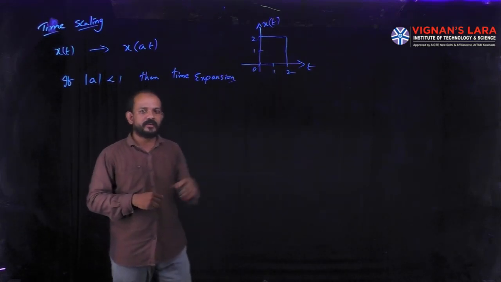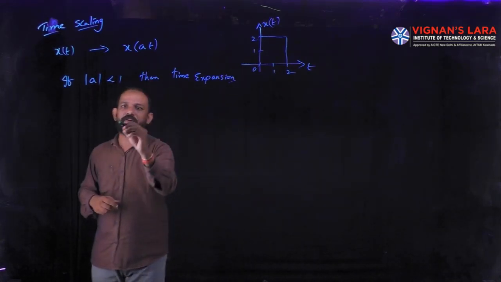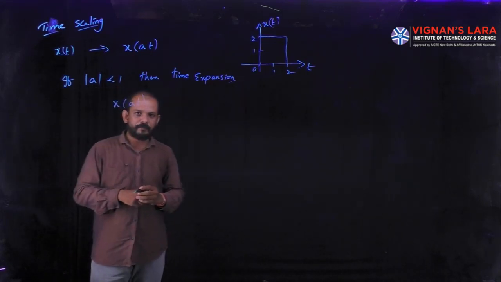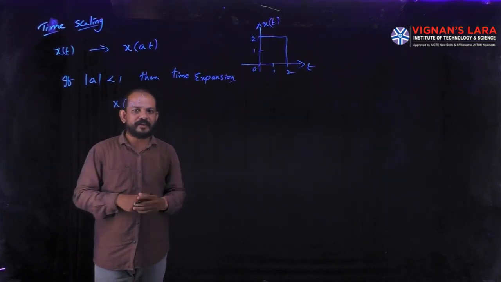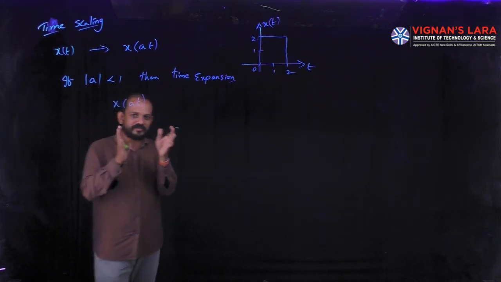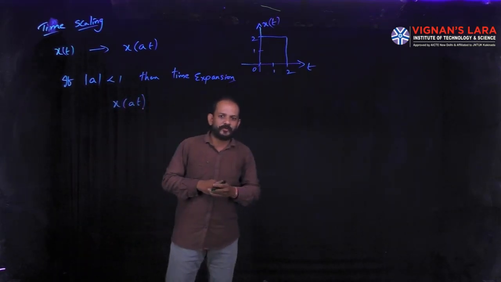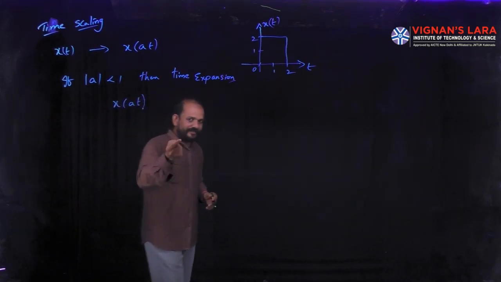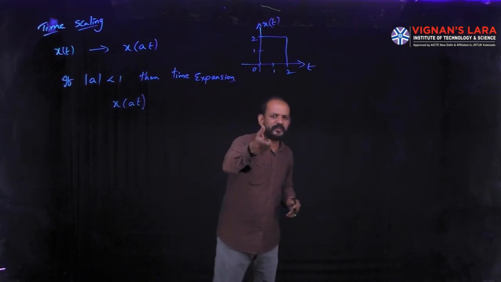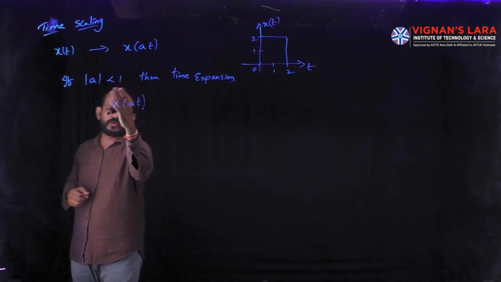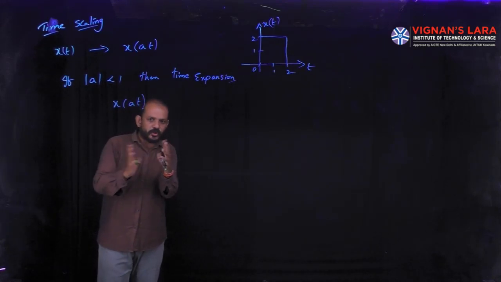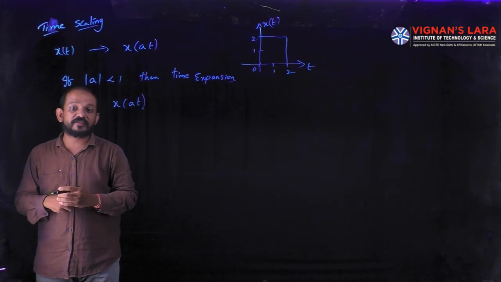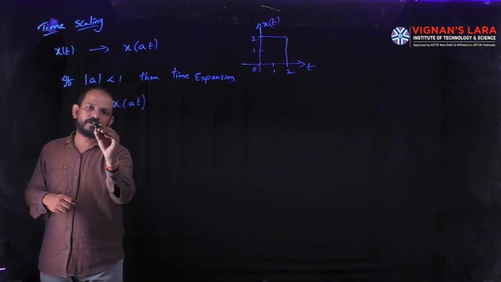Now I have to perform the scaling operation x of a t. Here for time expansion, the modulus of a should be less than 1. Modulus of a means that minus also becomes plus, like the values 0.2, 0.4, 0.5, 0.9, whatever it may be. You have to take values between 0 and 1. So I will take the value 0.5.